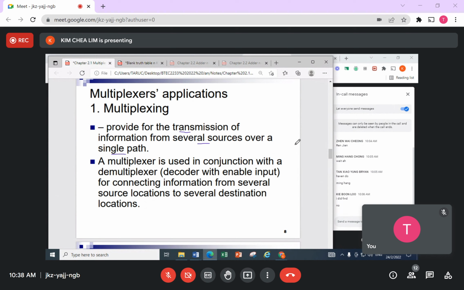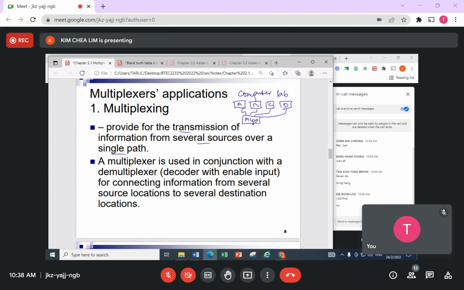Try to recall this example that I think I mentioned before when you were in year 1. In the computer lab, or computer center, normally you are going to see a lot of computers, computer A, computer B, C, just to take an example, 4 units, can have more, so a big computer lab. And all these computer terminals, or CPUs, one of their outputs you are going to connect to a multiplexer.